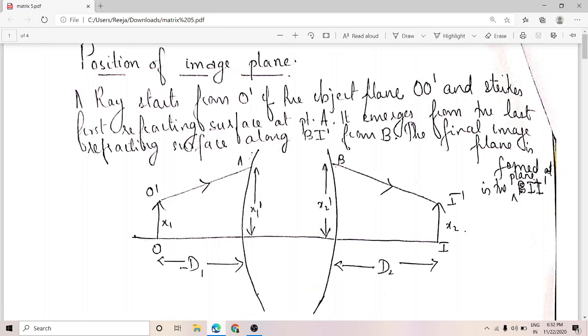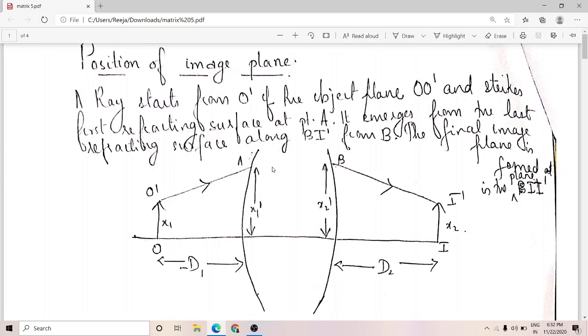Hi students, in this session we are going to discuss the topic position of image plane. Here a ray starts from O dash and it goes along O dash A, touches the first refracting surface, gets refracted from there.